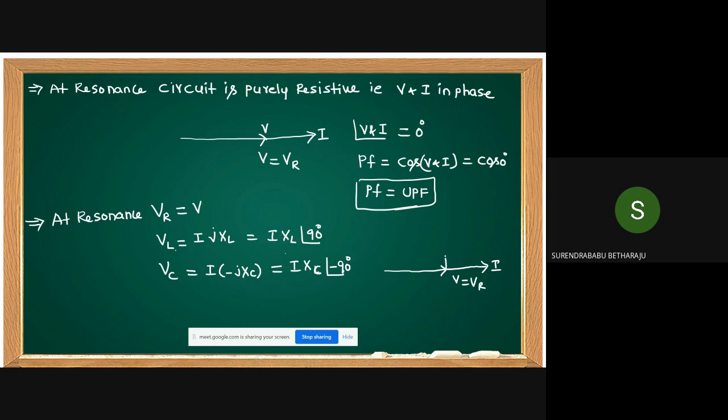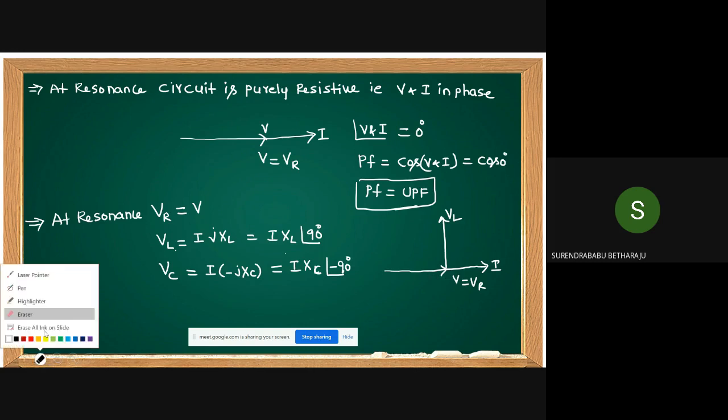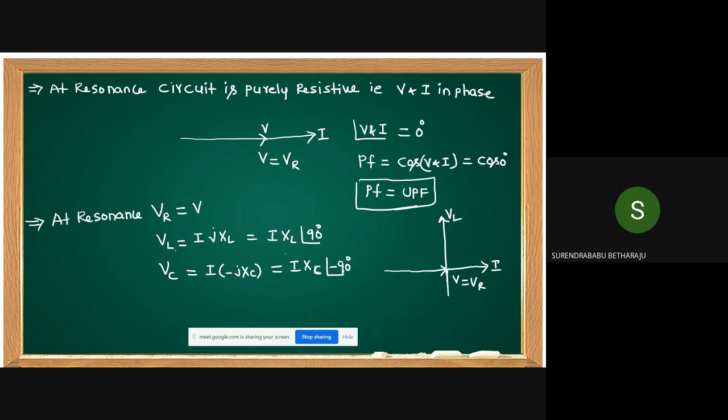This plus 90 degrees means this is VL. And this is VC, at minus 90 degrees. With respect to the inductor, voltage is leading but current is lagging. With respect to the capacitor, voltage is lagging, but what about the current? Current is leading. This is minus 90 degrees.